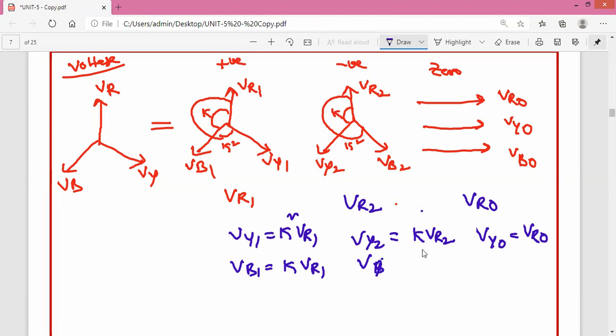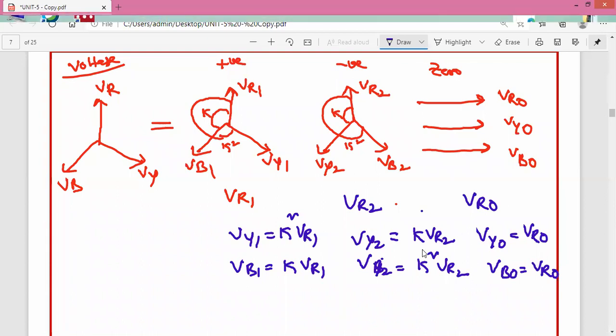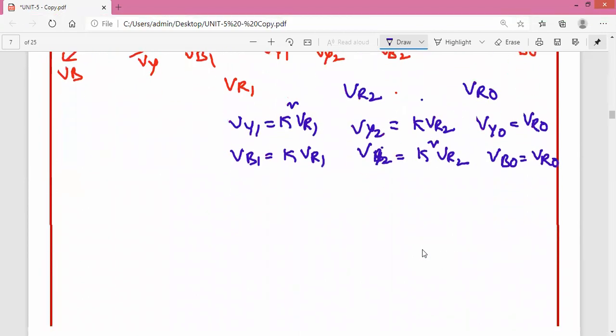VB2 can be written as a squared times VR2, and VB0 is equal to VR0 only. So these are the representations of one sequence component with respect to another sequence component.